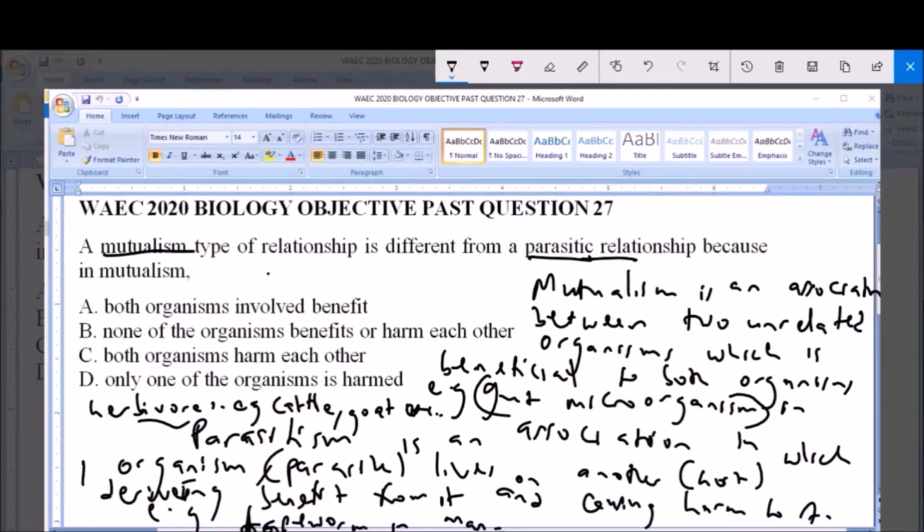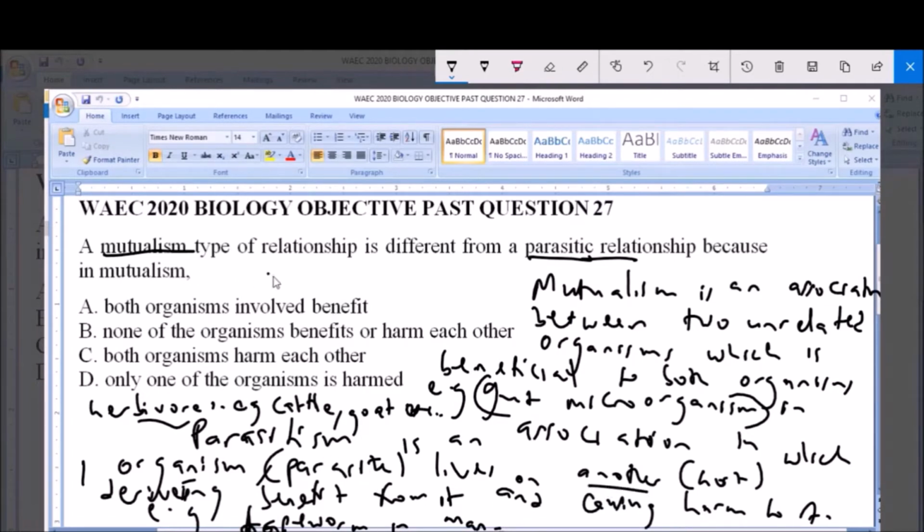So in a parasitic relationship, one organism known as the parasite lives on another organism which is known as the host and benefits from that organism, usually maybe deriving food or shelter from it, and in the process causing harm to the host, the organism which it lives on.